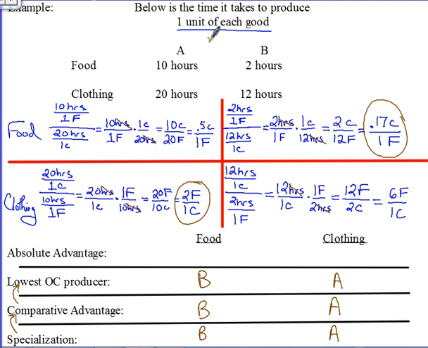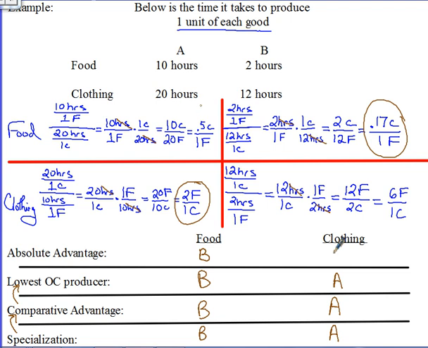So let's see, it takes B only 2 hours to produce a unit of food, and it takes A 10. So B can produce food more quickly. So we would say B has an absolute advantage in the production of food. Look at clothing. B takes 12 hours to produce a unit of clothing, but A, it takes 20 hours to produce a unit of clothing.